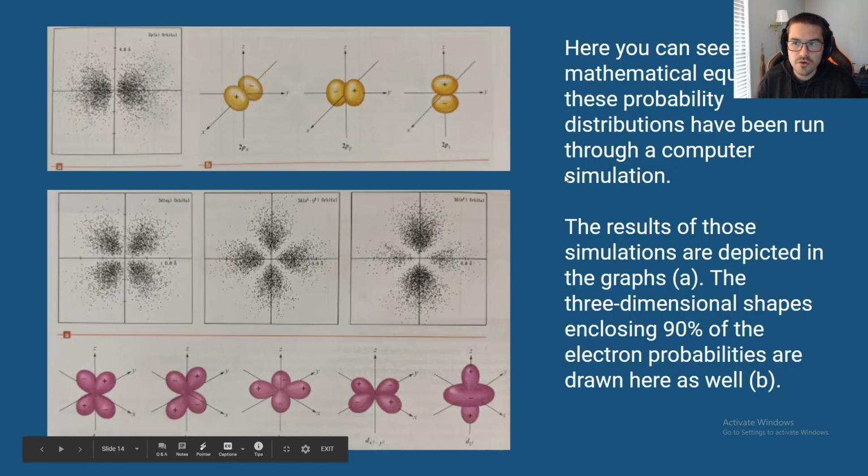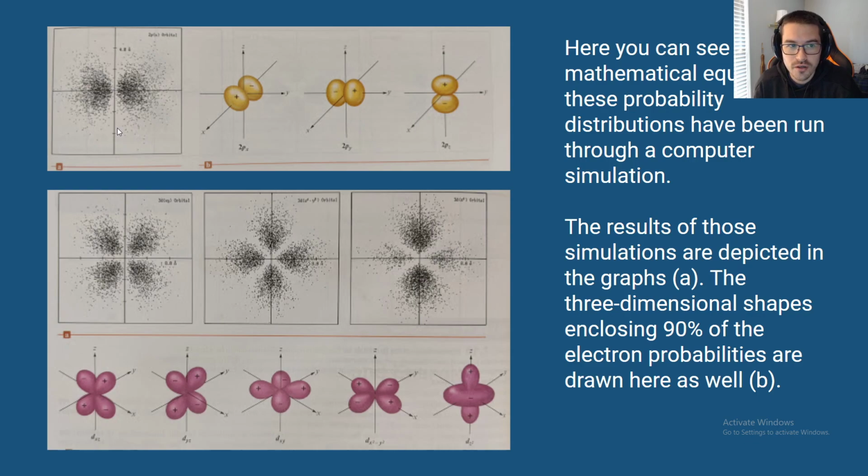So here you can see some of these other types of orbitals. I've got p orbitals here and d orbitals down here. The mathematical equations for these probability distributions can be run through computer simulations, and you can actually get these. It's kind of like data, right? It's a simulation that takes the equation, which you can't really read here, but that's okay.